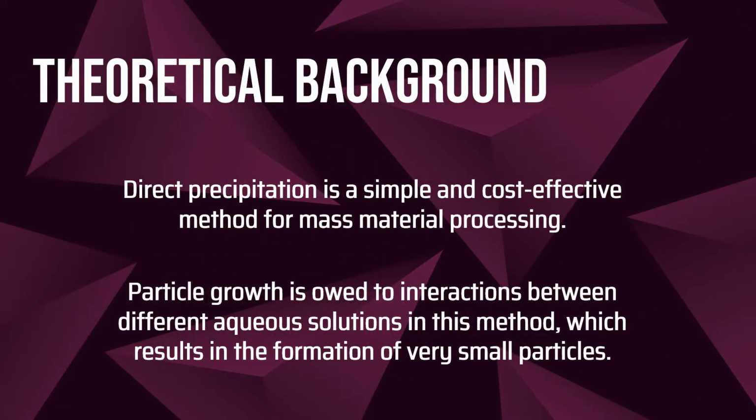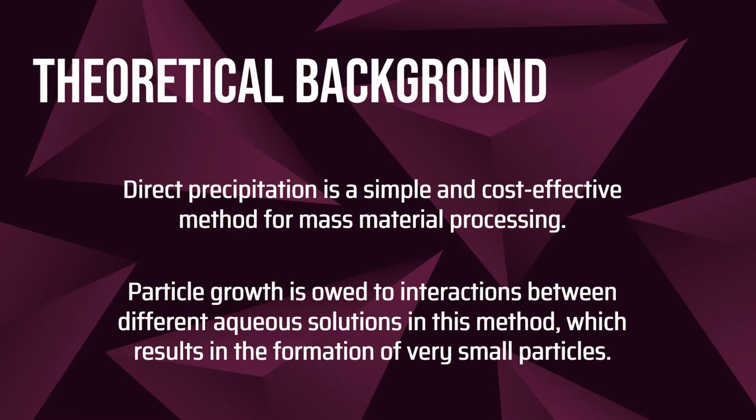Precipitation and the sol-gel process, among all methods, have the best control over particle nucleation, aging, and growth in solution. Direct precipitation is a simple and cost-effective method for mass material processing.